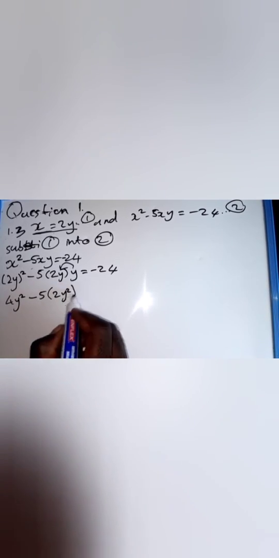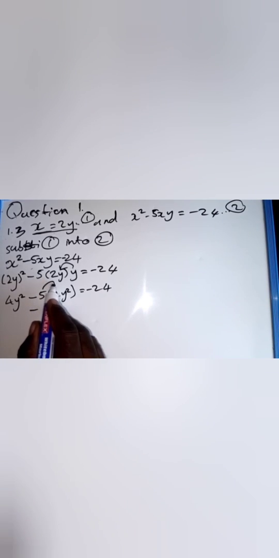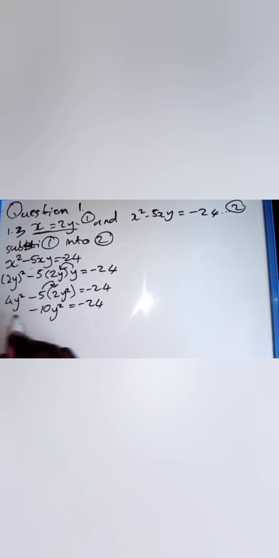This will give me 4y squared minus 5, and then I'm going to multiply in here, 2y squared is equal to negative 24. Then I'm going to multiply in here to give me negative 10y squared is equal to negative 24. This is 4y squared. So these are like terms here.